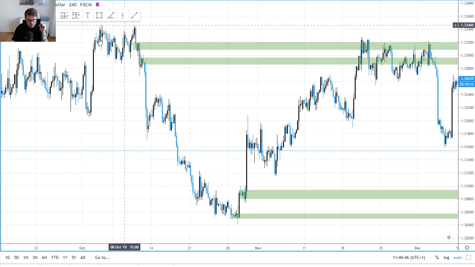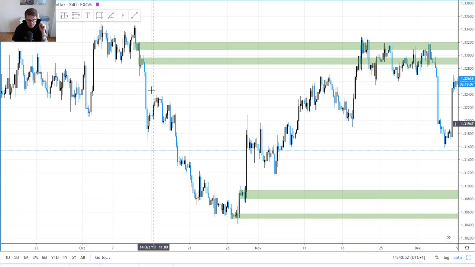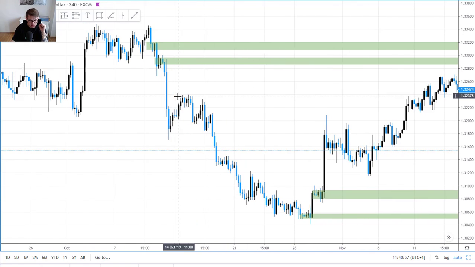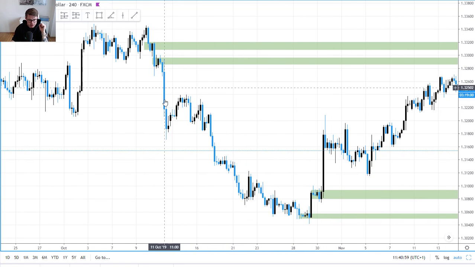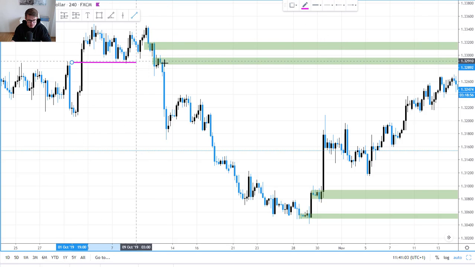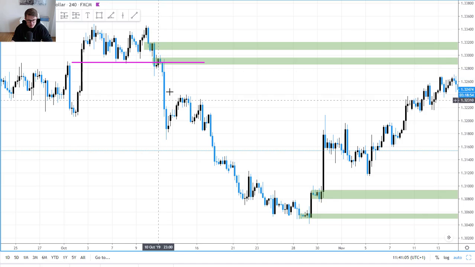And you can see after this consolidation, or even during this consolidation, the market then completely broke loose. Here, this is what really caught my attention. A super strong bearish candle breaking out of this range pattern. So at the core, you can see a small consolidation and then suddenly a huge drop.